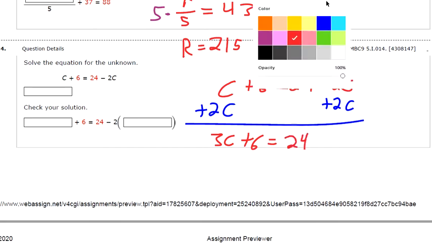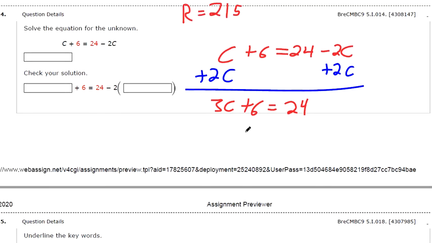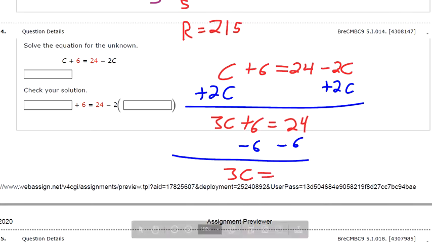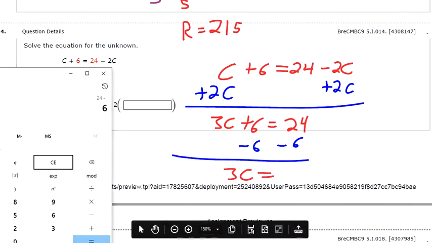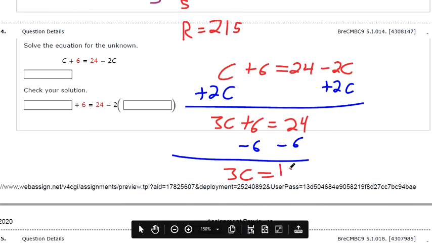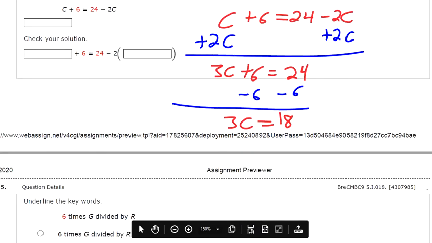And then we're trying to get c by itself, so let's subtract 6 from both sides. So 3c equals 24 subtracted by 6. 3c makes 18.